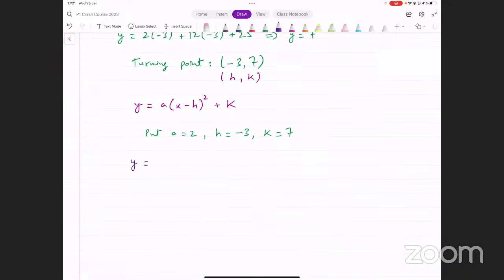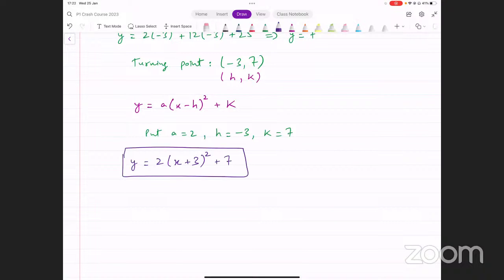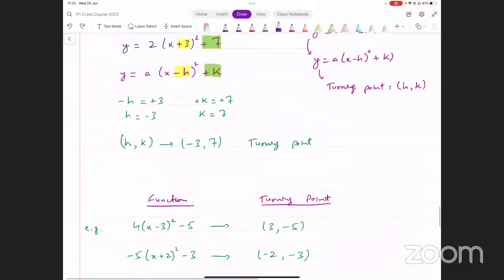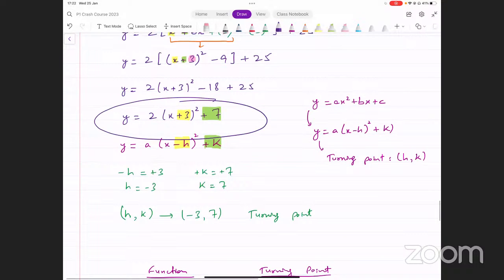That gives us y equals 2 into x minus, then h is minus 3, so minus minus 3 becomes plus 3, whole squared, plus k, the value of k is 7, plus 7. And this is your completed square form. That's exactly what you got from the other method as well: 2 into x plus 3 whole squared plus 7.